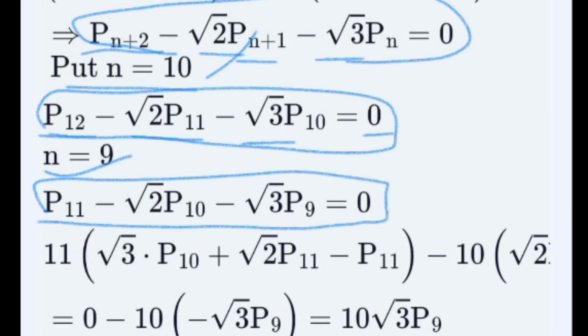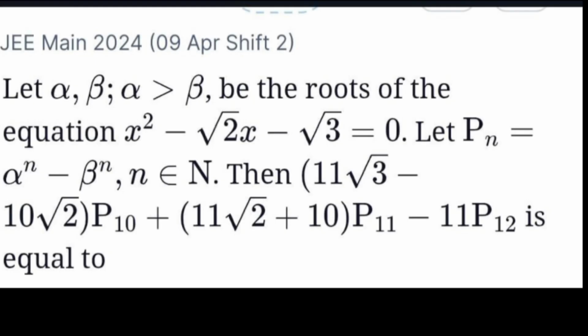So this is the one. Here in this question, 11 root 3 minus 10 root 2 P10 plus 11 root 2 plus 10 into P11 minus 11 P12 is equal to 0. Here 11 is common.